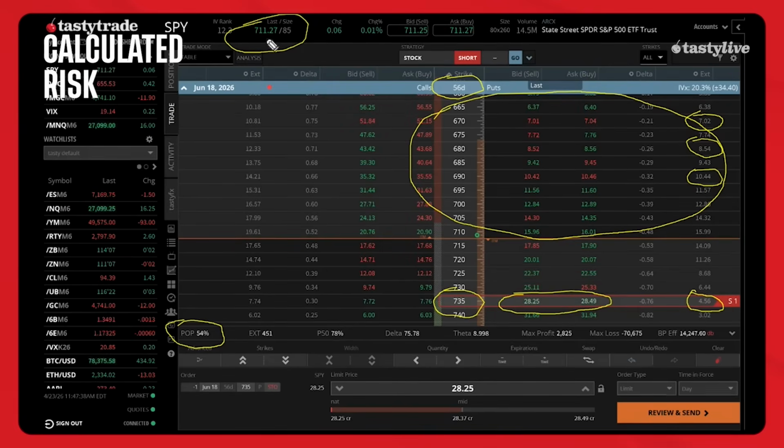Well, what happens if SPY rallies from 711 to 735? Those $24 go away. Those $24 disappear. So those are no longer there. And remember, when I sell an option, I want the price to go lower. I want the price to go down. So even though the stock is going higher, that's what I want, of course, with a bullish trade like a short put, the option price itself is going lower.